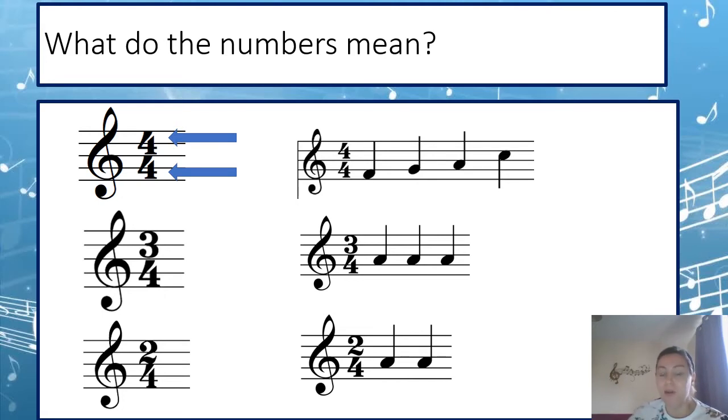What the bottom number means is it tells you what type of beat that's going to be. The 4 stands for a crotchet, and a crotchet, as we know, is 1 beat. So what 4/4 means is there will be 4 crotchets in your bar. 3/4, there will be 3 crotchets in your bar, and 2/4, there will be 2 crotchets in your bar.